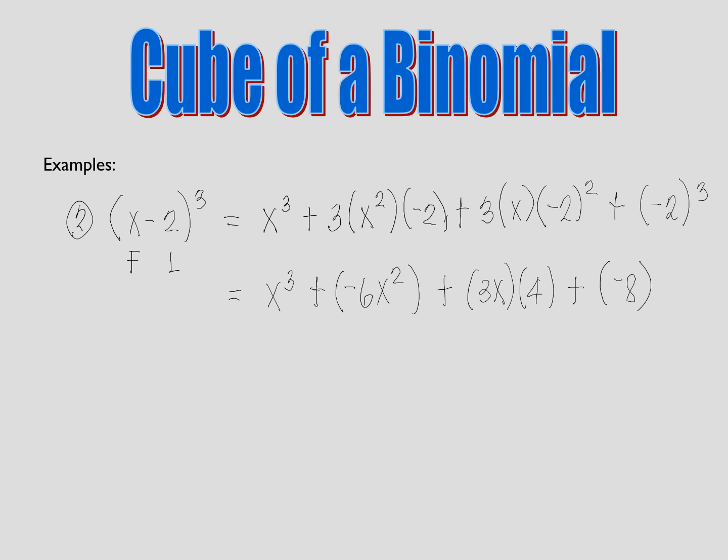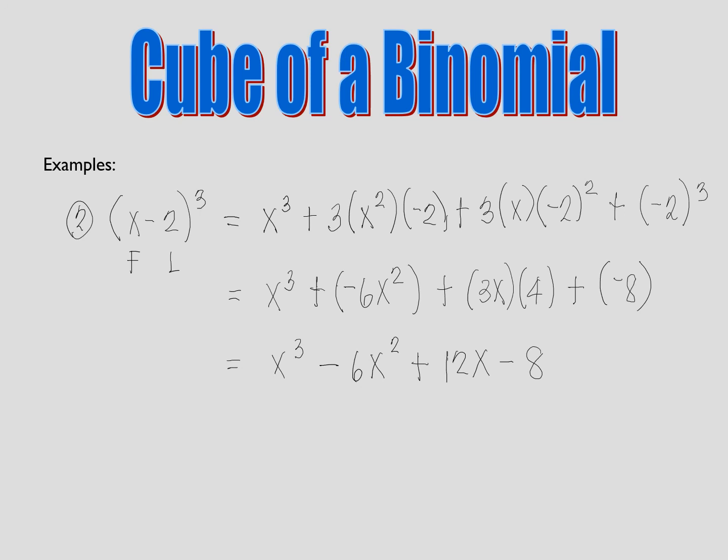Then we simplify because we're not yet done. We have here x to the power of 3. Positive times negative is negative 6x squared. Then we have plus 3x times 4 is 12x. And then we have negative 8. So if you're going to review, we have x to the power of 3 minus 6x squared plus 12x minus 8.